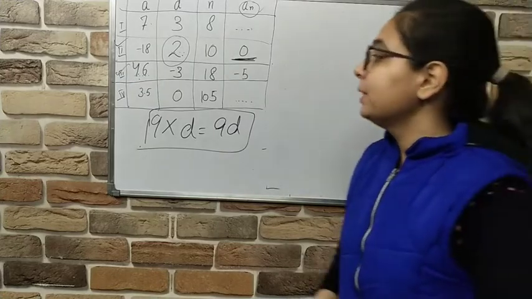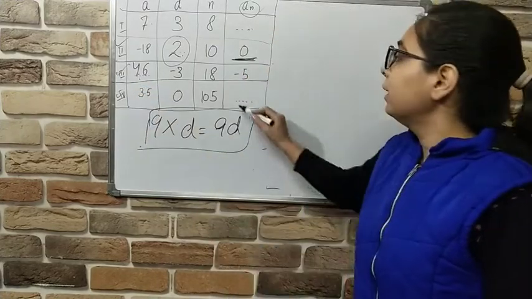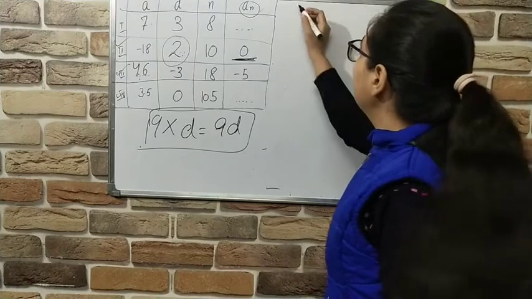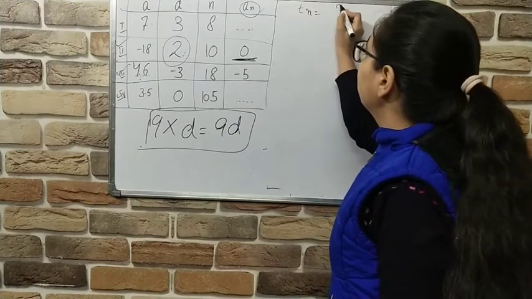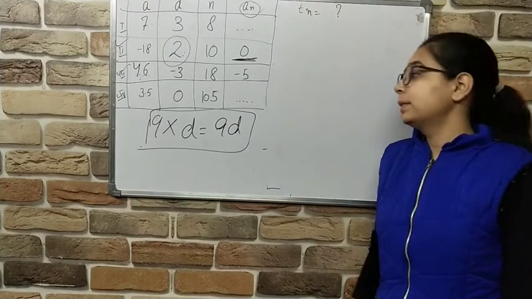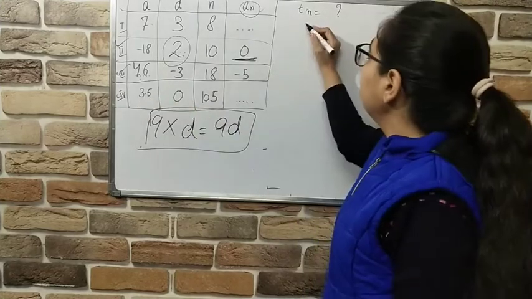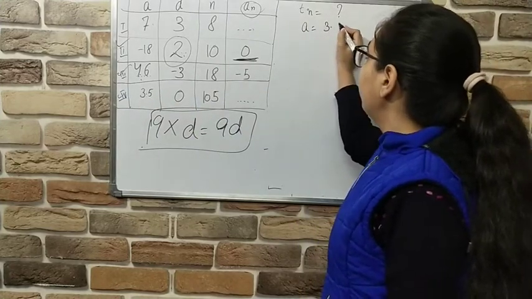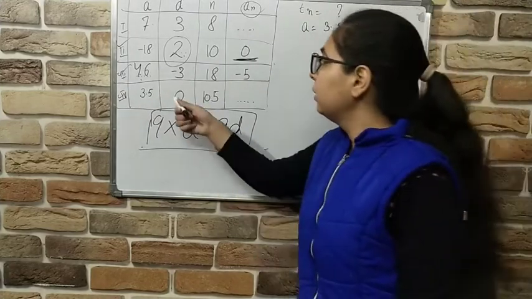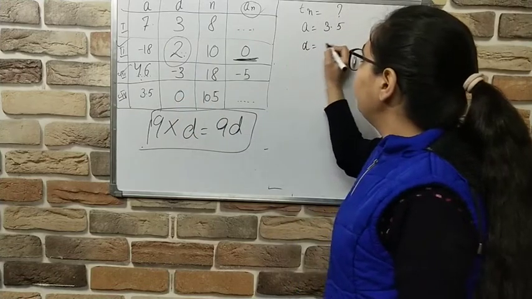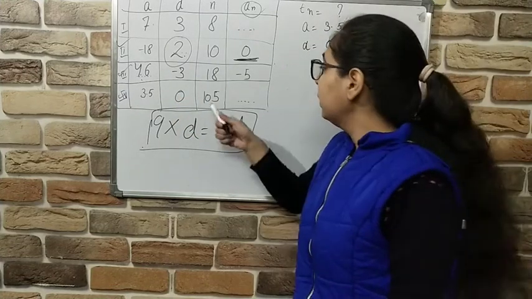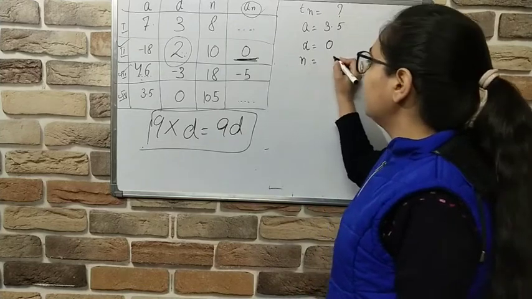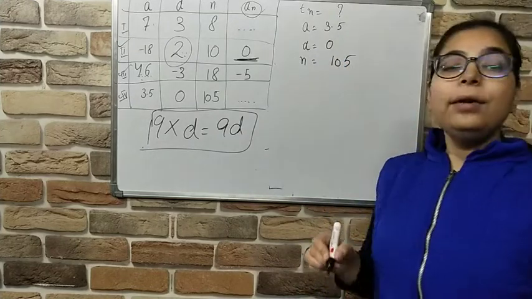Now come to the next example, where we have to find the nth term, that is Tn. This is missing. A is already given: A equals 3.5, and D, which is equal to 0, is also given, and N is equal to 105.